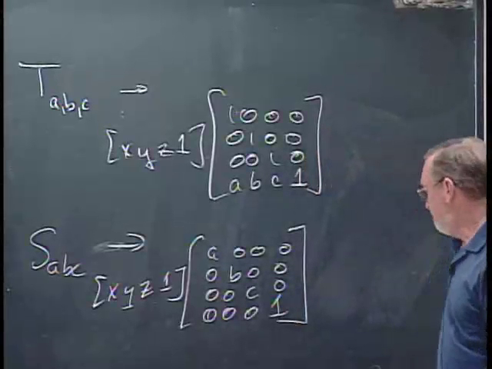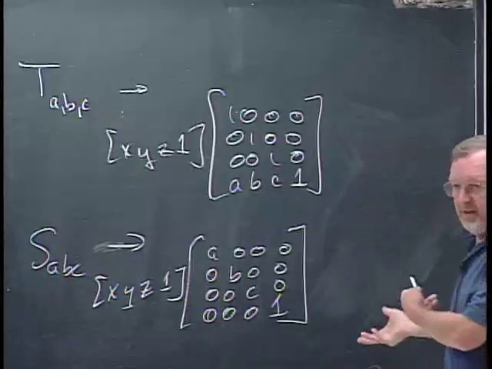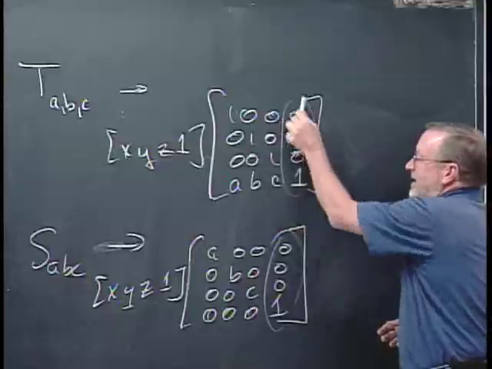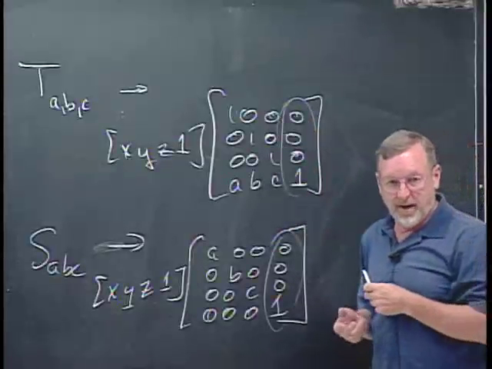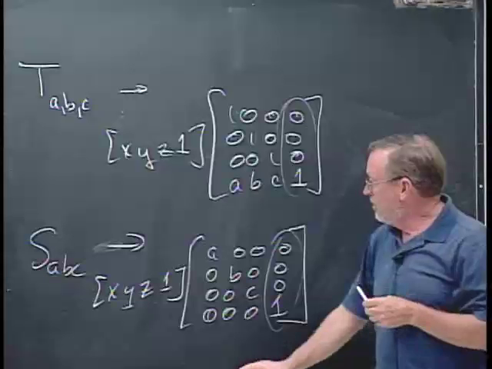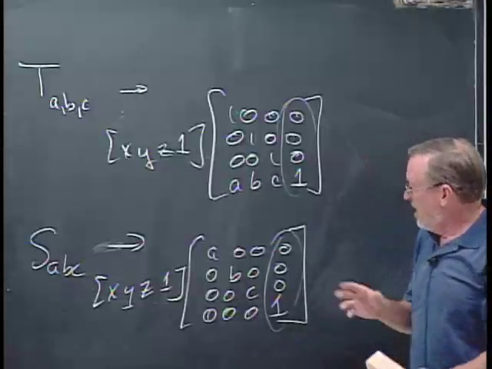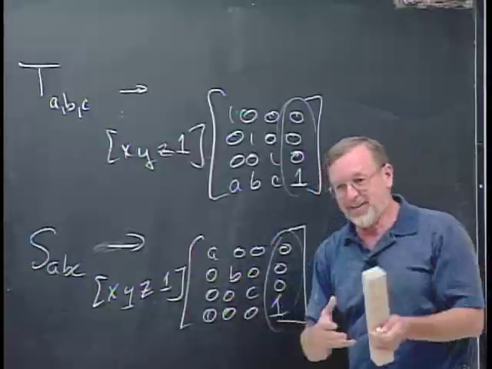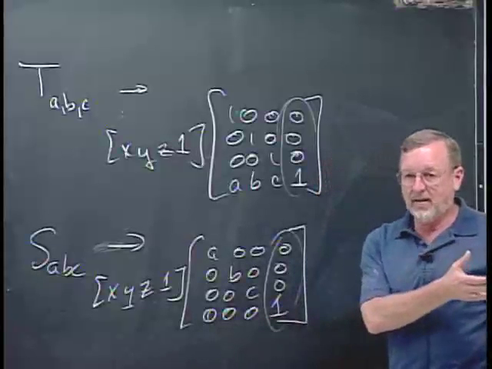Okay? That one's easy too. Notice that this characteristic last column still has the 0, 0, 0, 1 in it, okay? And if we want to scale around a separate point, we translate that point to the origin, scale around it there, translate it back. Okay?